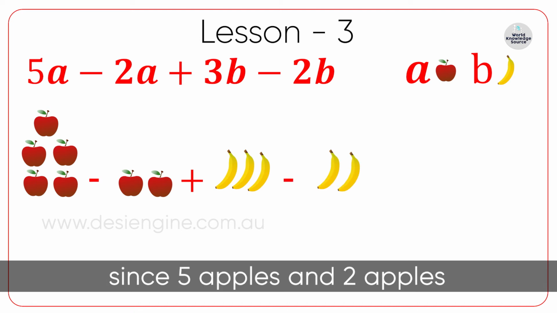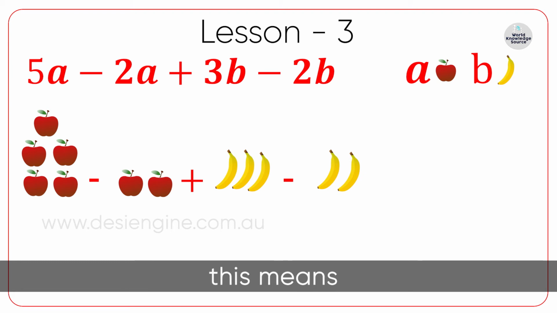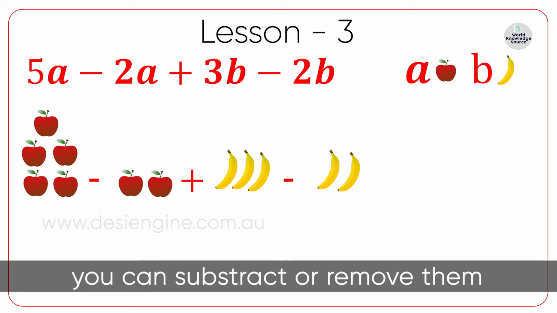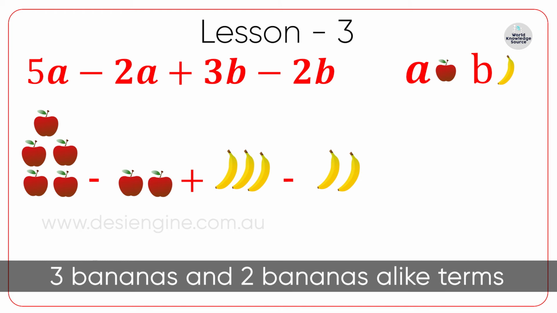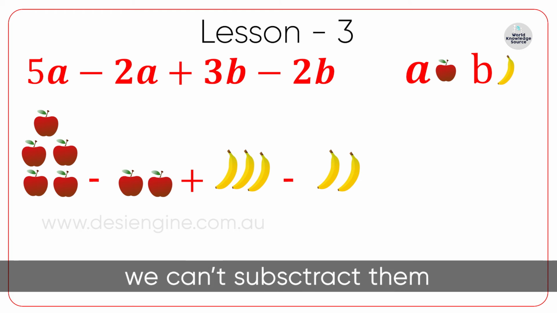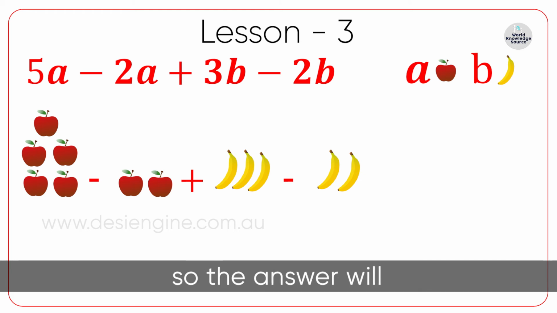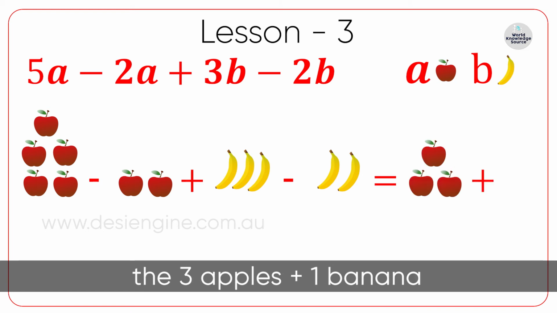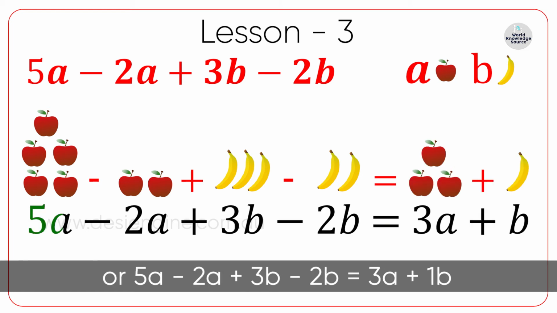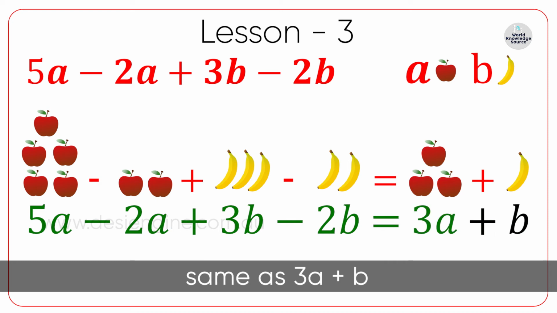Since 5 apples and 2 apples are alike terms, we can subtract them. 3 bananas and 2 bananas are alike terms, so we can subtract them. So the answer will be 3 apples plus 1 banana, or 5a subtract 2a plus 3b subtract 2b equals 3a plus 1b, same as 3a plus b.